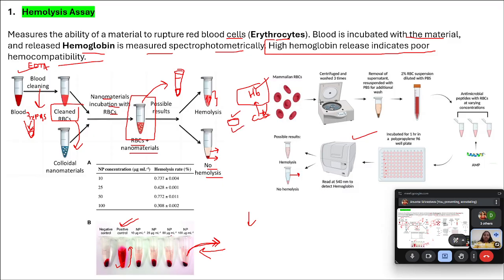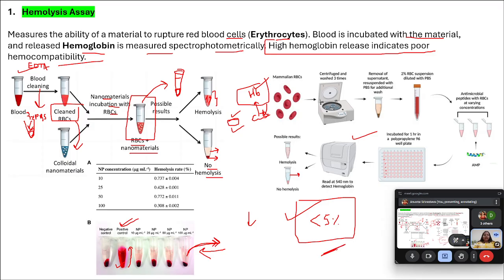So ideally, what is reported in literature is that the hemolysis percentage shall be less than 5%. It should be less than 5% for a nanoparticle or nanomaterial to be considered hemocompatible.